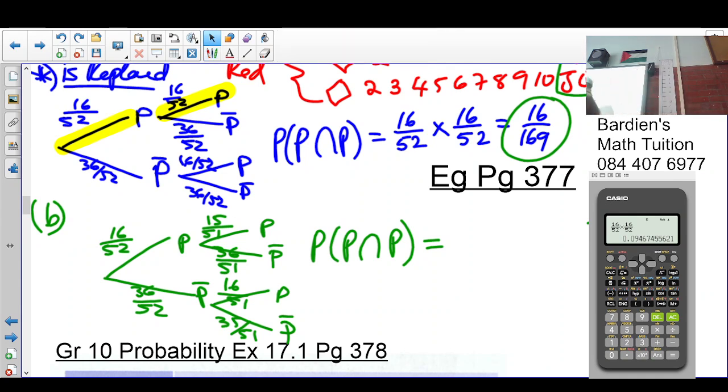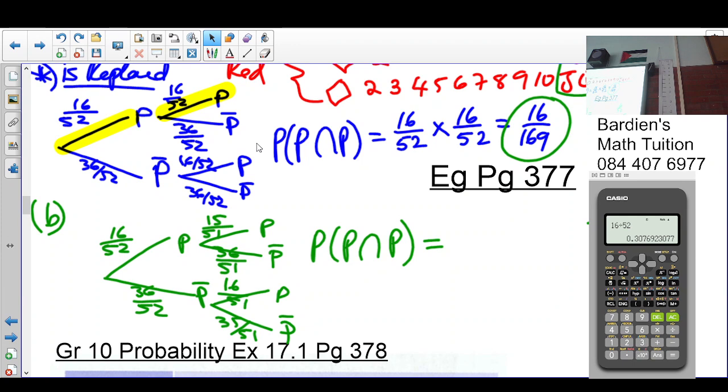It's going to be 0.29, and 16 out of 52 is 0.3. So 16 over 52 is larger, which means this has to be a higher probability.